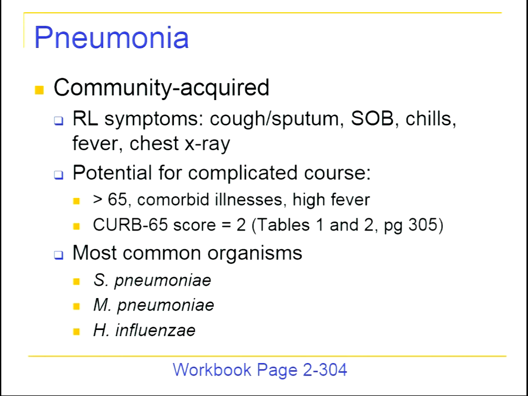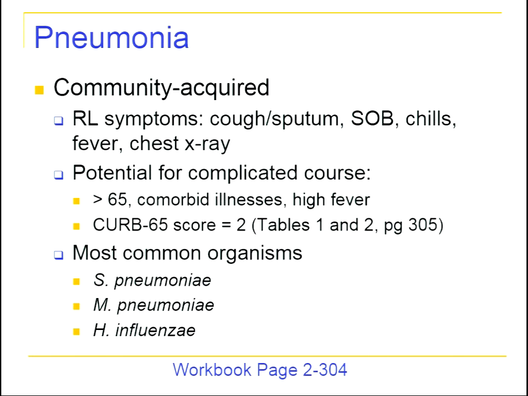You get a point for each of those, and your CURB 65 score tells you the overall mortality risk, which helps you decide whether the patient needs to be hospitalized or can be treated at home.